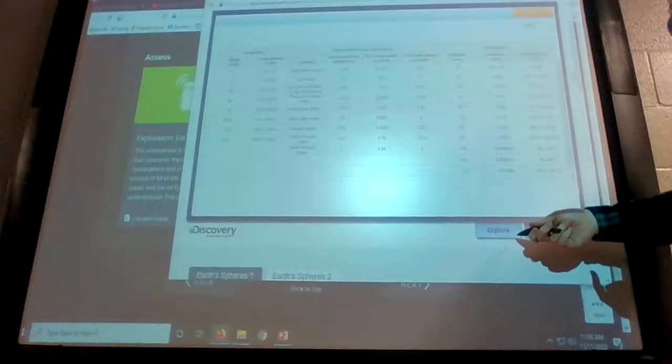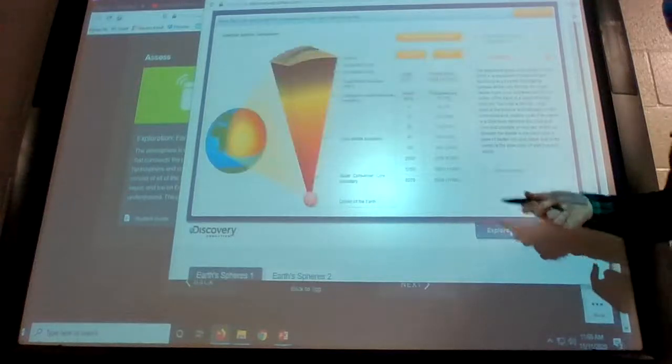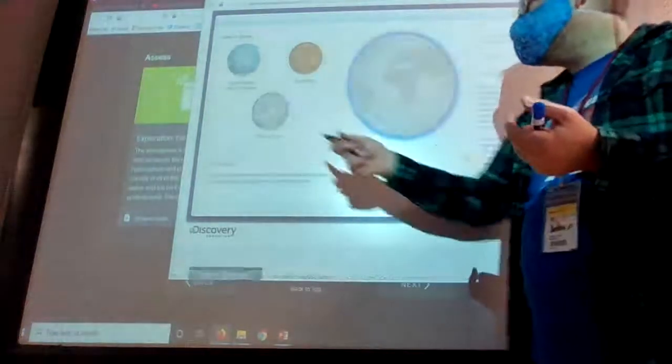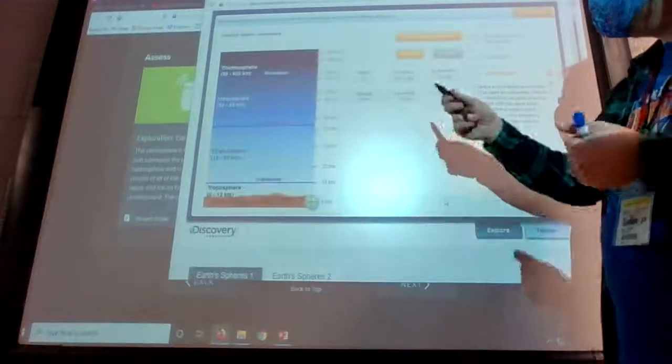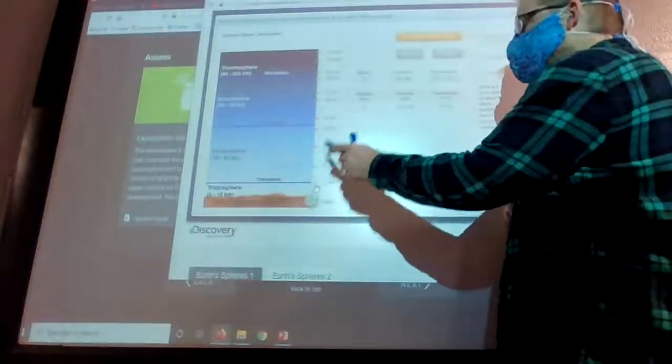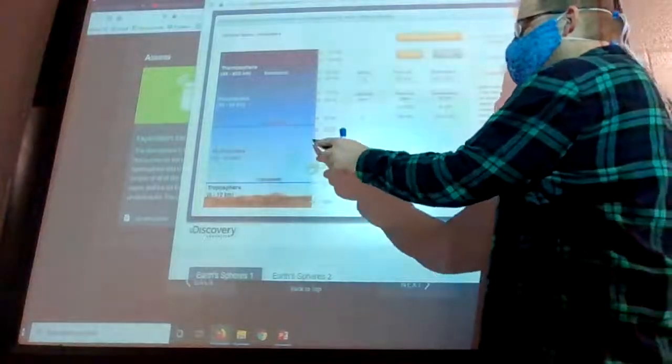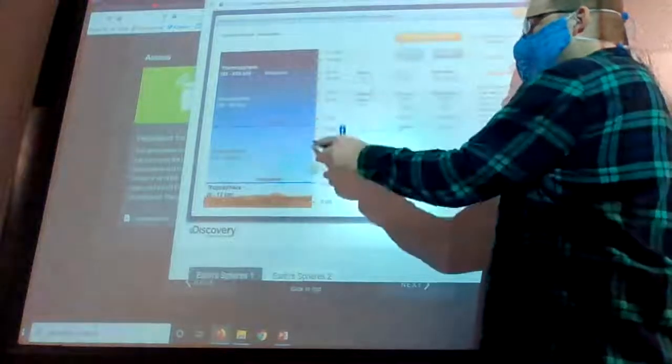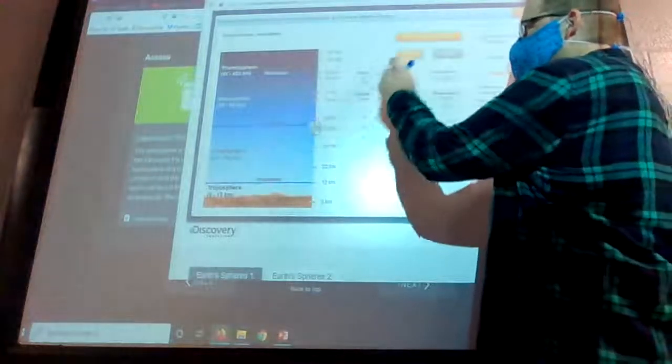That's a little bit more complicated. So let me go back to this. Atmosphere. It's going to get colder as you get higher through some of them. I guess let's just break it down.